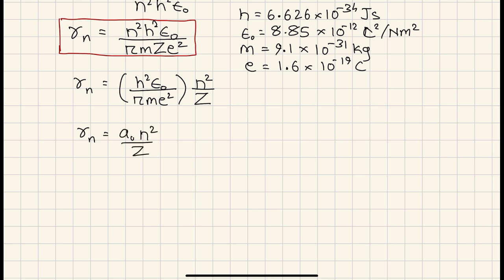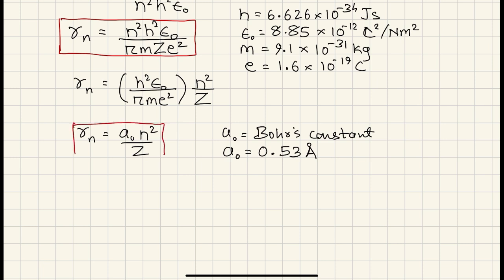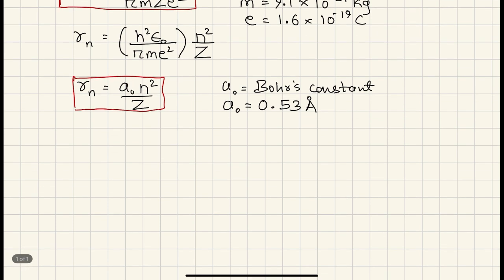Here, a naught is called the Bohr's constant and is given by 0.53 angstrom unit. So this expression is quite frequently used in numerical problems.